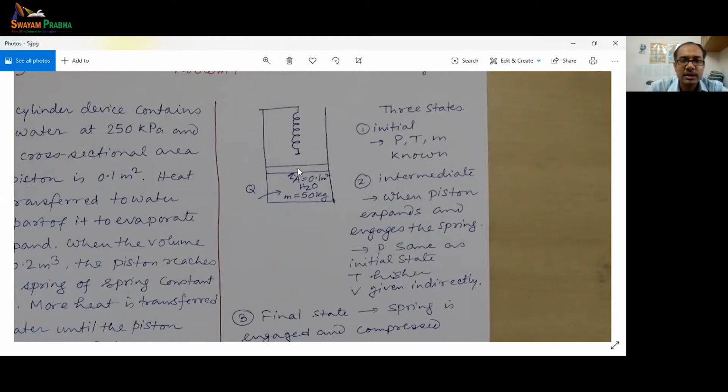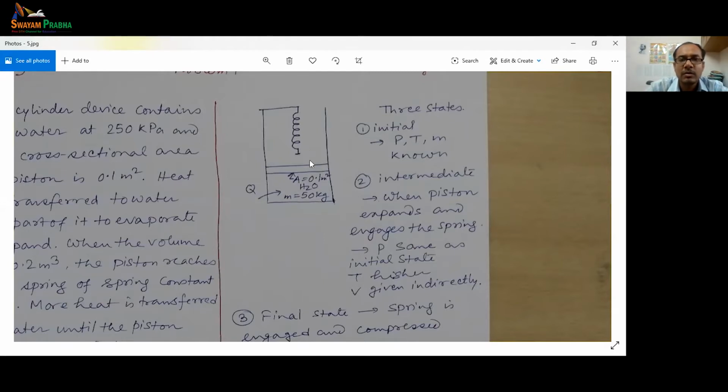And now you can see the initial position, there is a spring up here, but it does not touch the piston. So the piston can move up to this point without causing any extra force, or without seeing any extra force other than the vapor pressure.